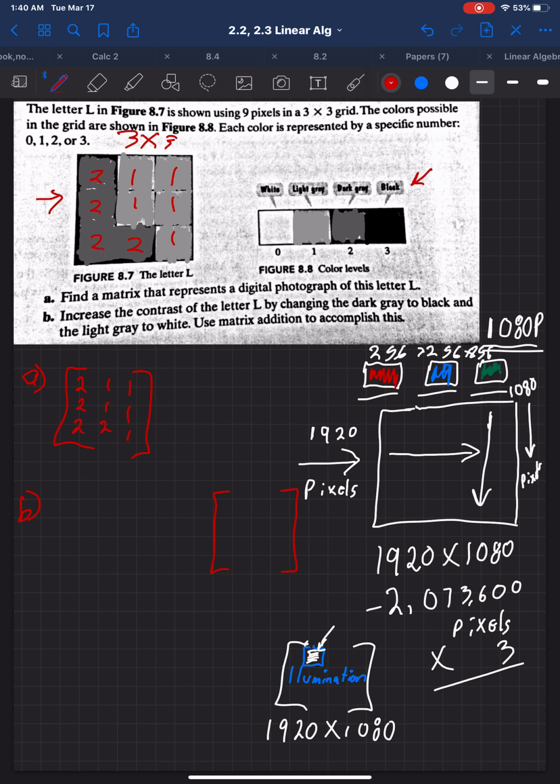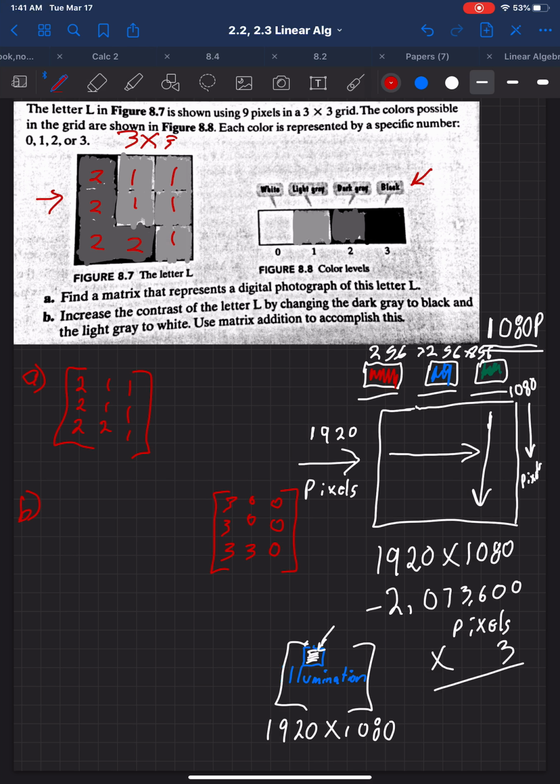What we now want is all of the dark grays to be black and all of the light grays to be white. So, in other words, we want the dark grays to be black, so we want 3s here. And we want the light grays to be white, so we want 0s everywhere else.